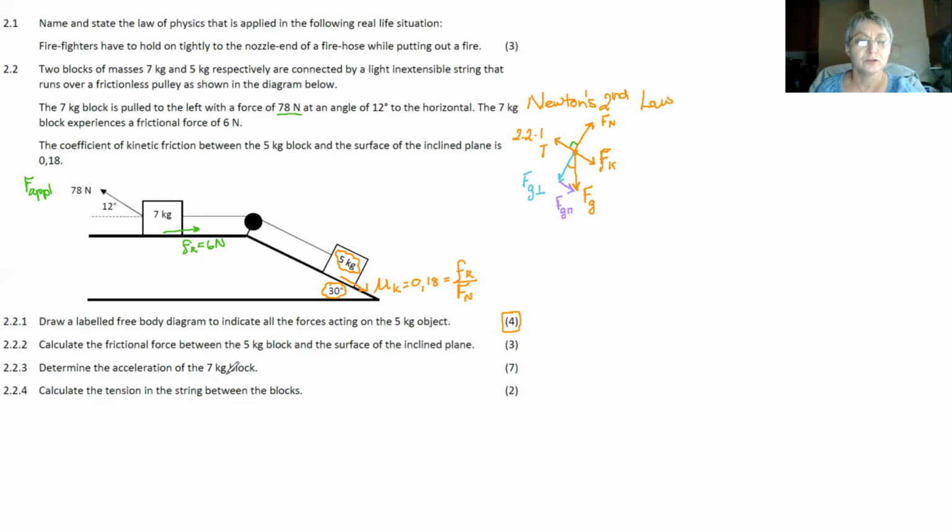Question 2.2.2 says, calculate the frictional force between the 5 kg block and the surface of the incline. So question 2.2.2. Now, the frictional force would be equal to mu k times the normal force.